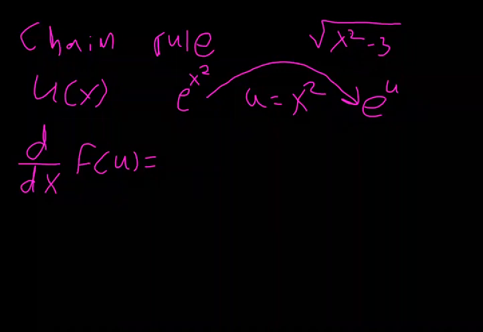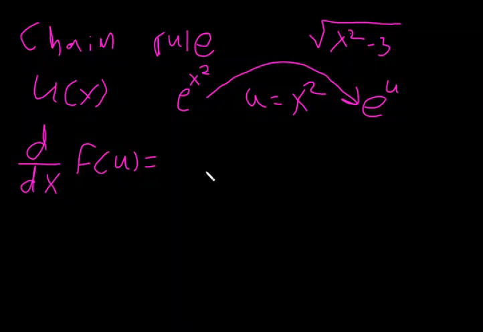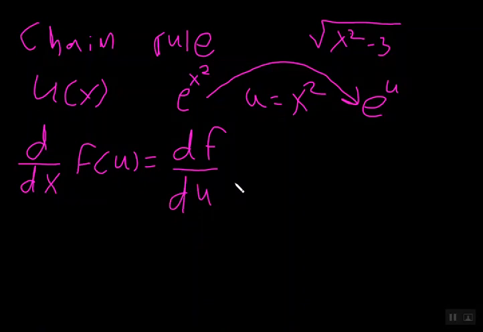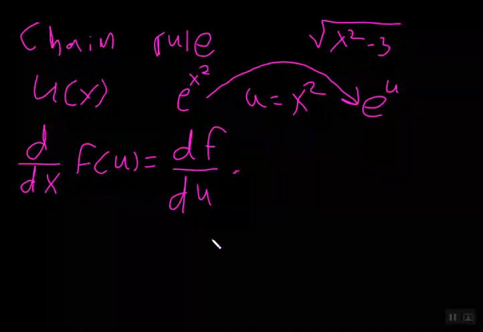And so what we're going to do, I'll leave that up here. The chain rule states that the derivative with respect to x of f of u is the derivative of f, and I'm just going to leave off the of u or of x. So the derivative of the function with respect to u, and then times what some teachers will call the correction factor, some will call it the chain, hence the name chain rule.